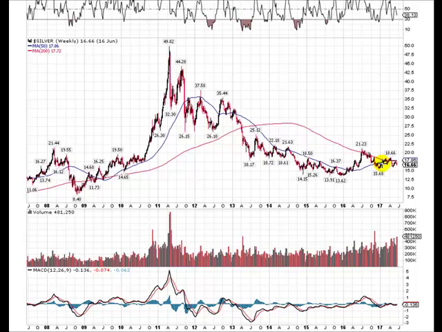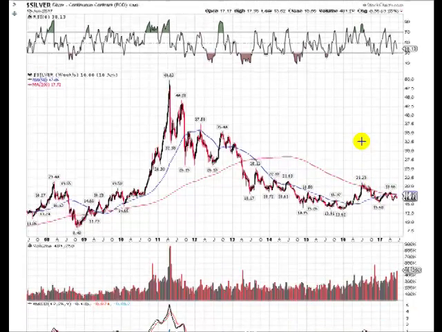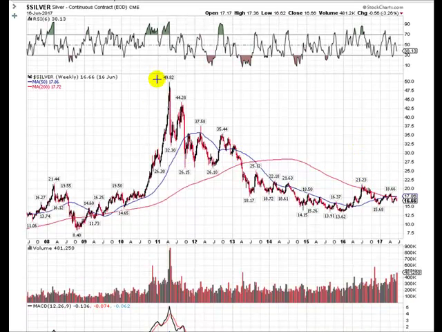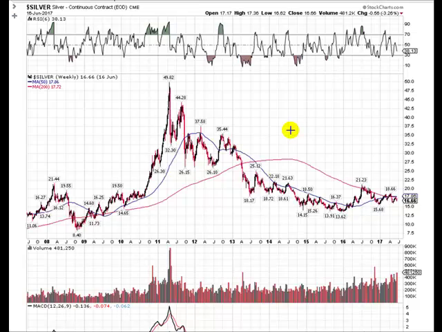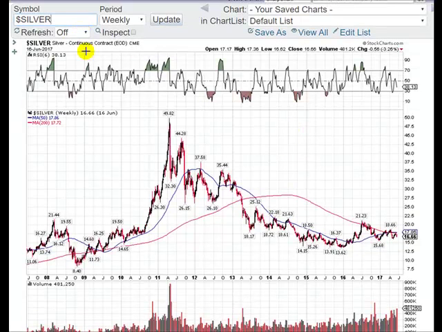RSI's been coming up. MACD looks like it's probably making a golden cross there on the weekly, and it's definitely had its ABC downtrend, which looks like it came to an end coming into 2016 as well. So gold and silver are definitely assets that can benefit from a falling dollar.